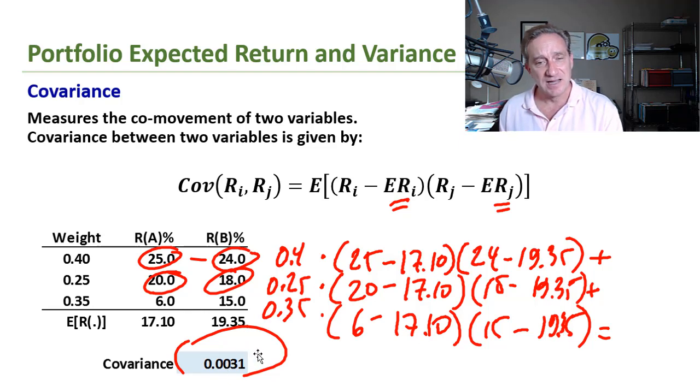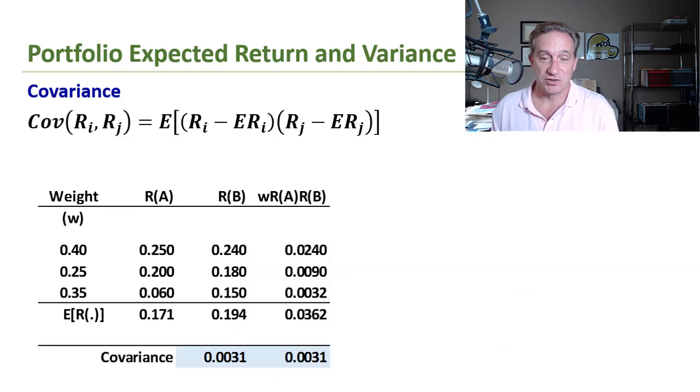And remember, again, in terms of intuition, I would say we expect a very low number. What we can tell from this, though, is this is positive, right? Positive instead of negative. And now I'll show you what I think is an easier way to do the covariance. And mathematically, it's the same exact result.